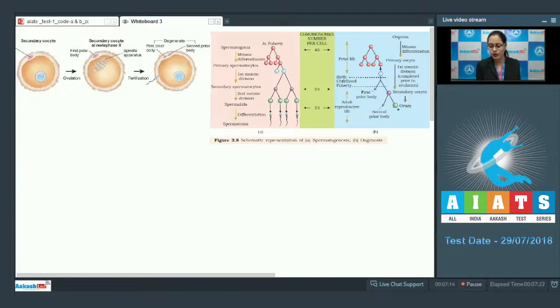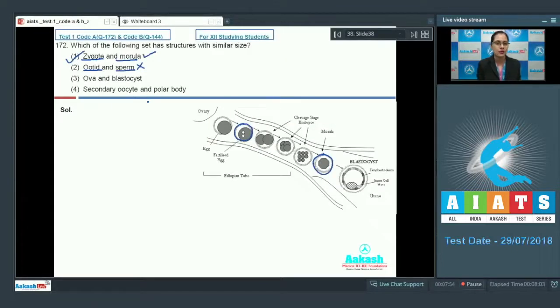And this haploid ovum is known as ootid. And during the process of spermatogenesis, from the spermatogonia, equal division of cytoplasm will lead to the formation of spermatids, which will undergo differentiation to form spermatozoa or sperms which are equal in size. So sperms will vary in size with the ootid. So option number 2 is an incorrect option.